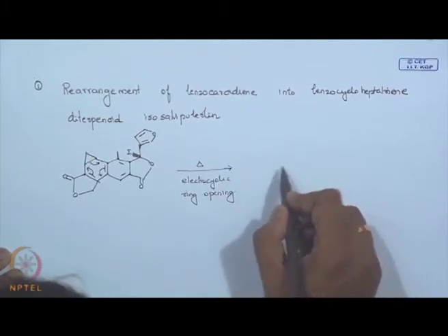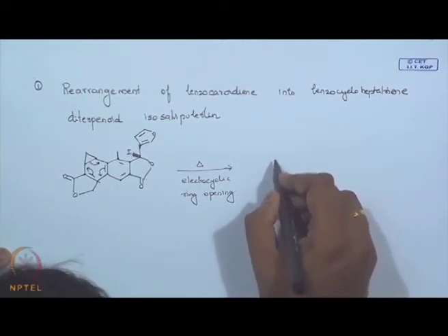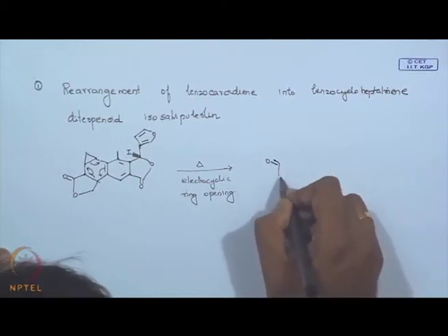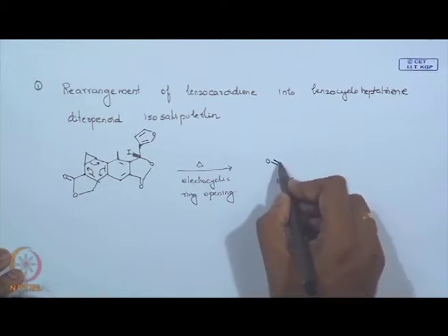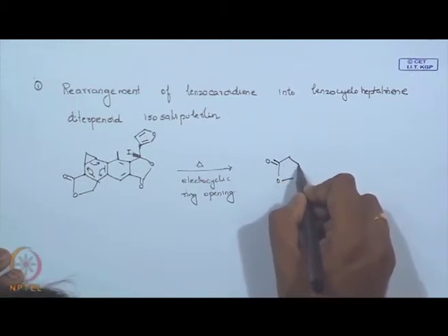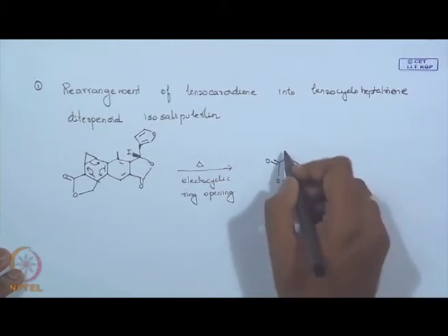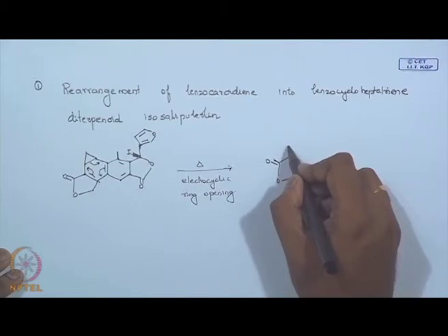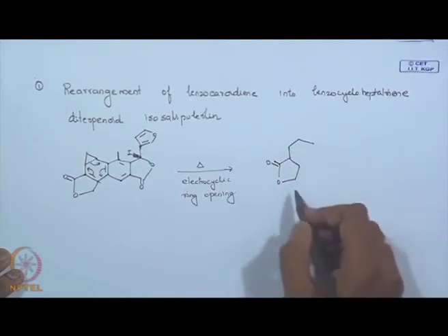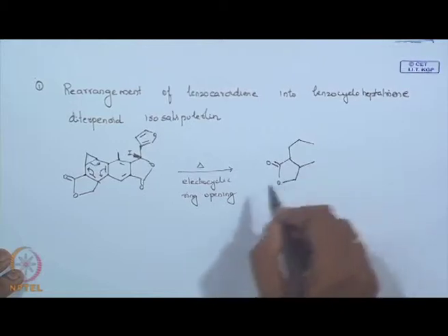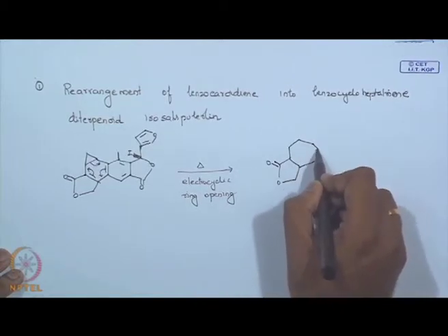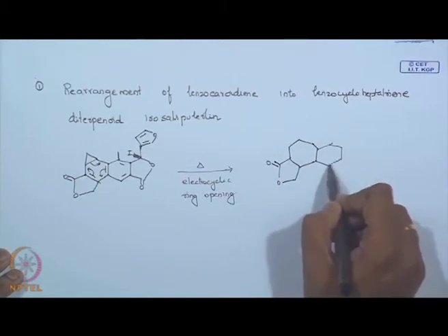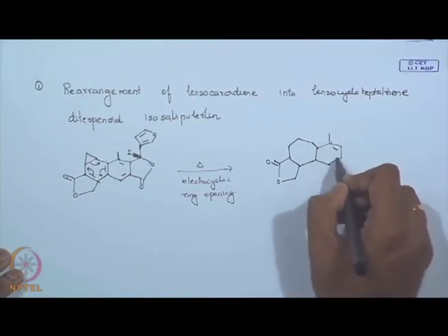So we will draw the structure then. Okay, once the ring is open, it should be a 7-member ring. Then the others are the same. So I have a methyl here, I have a double bond.